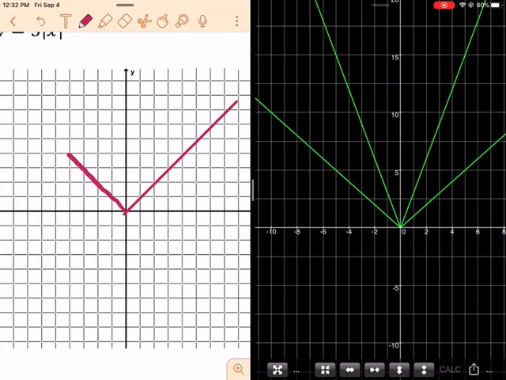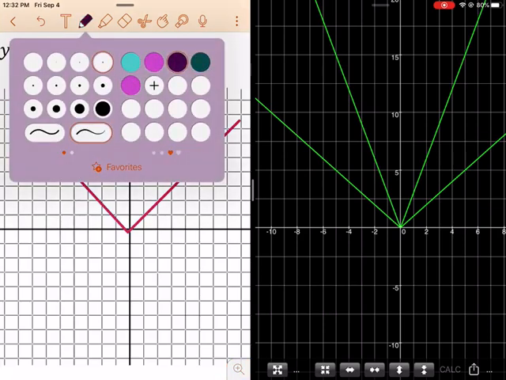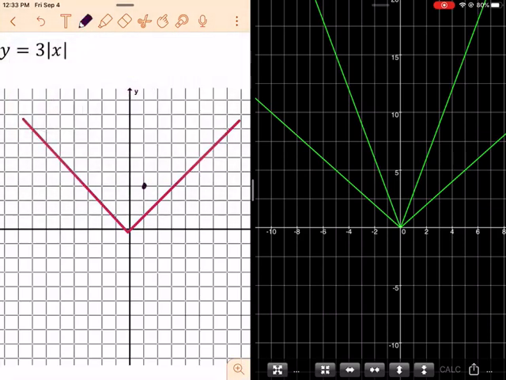Now I don't plot points there, I should. And then think of it as like this is over 1 up 1. Well, now it's going to be over 1 up 3 because my 1 gets multiplied by 3. And it's a mirror image. So 2 is going to go to 6 instead of 2 now.